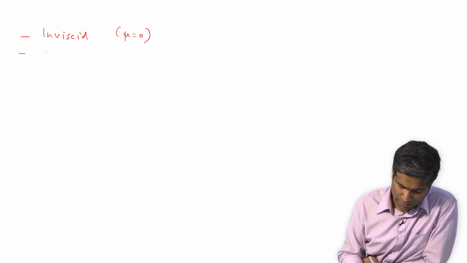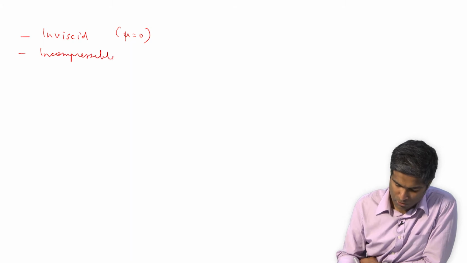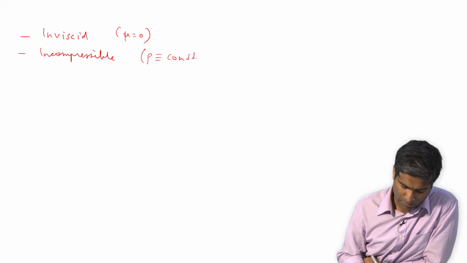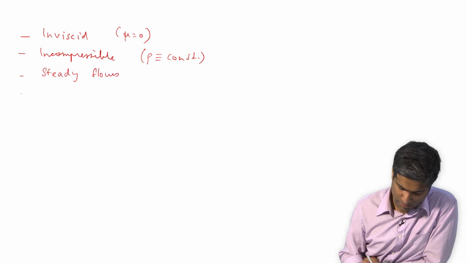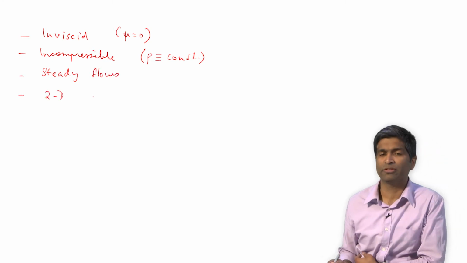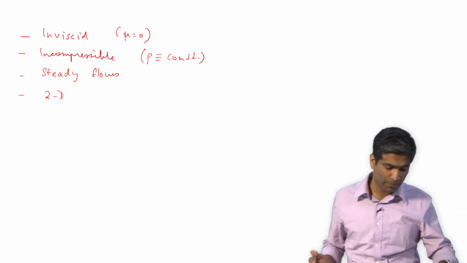We'll also say that the density is more or less constant, so incompressible. We'll also look at steady flows, and lastly 2D flows are good enough, 3D doesn't really add any complexity.